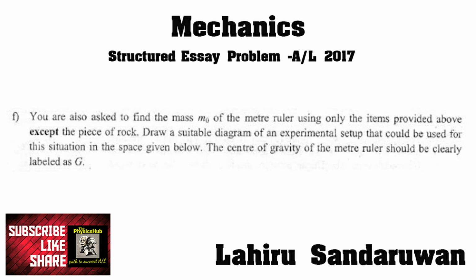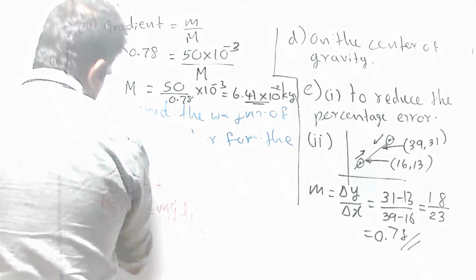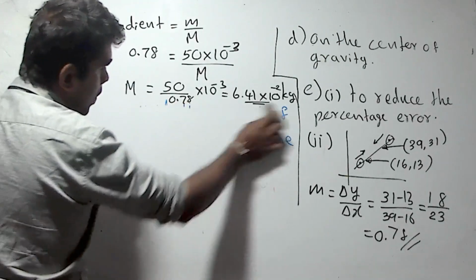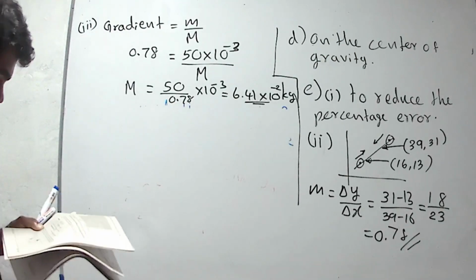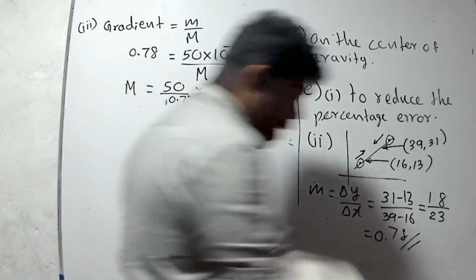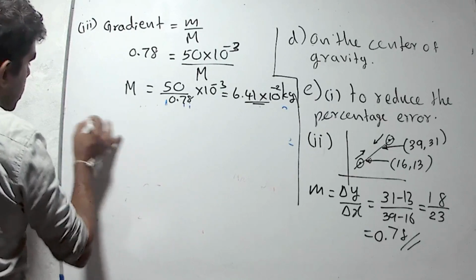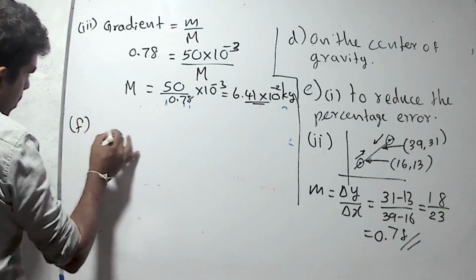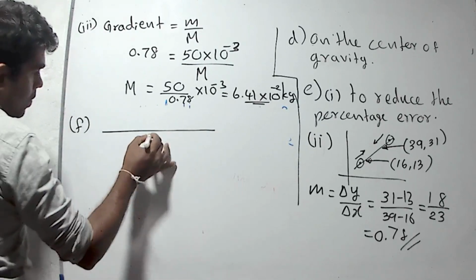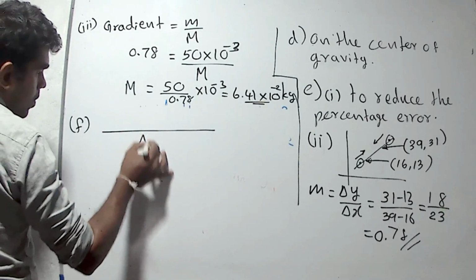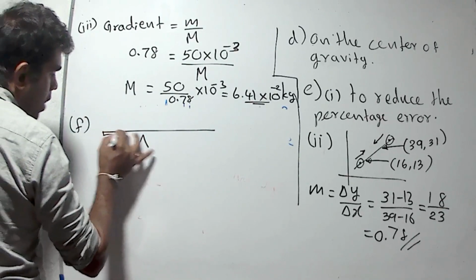In the space given below, the center of gravity of the meter ruler should be clearly labeled as G. When finding the mass of the meter ruler, we can balance the meter ruler with a point like this.